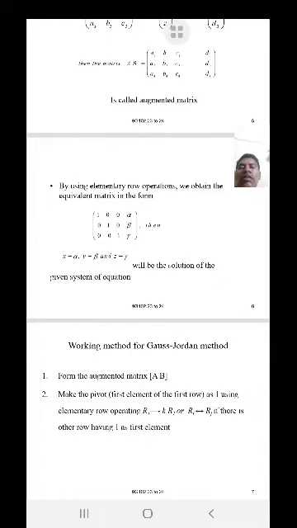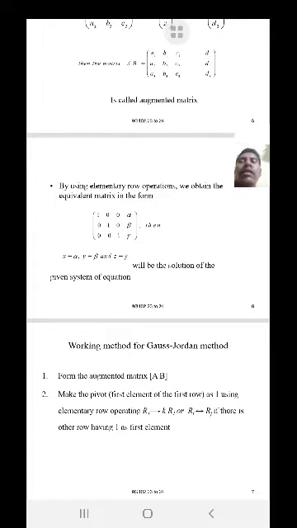In the second row, 0 1 0 means y is 1 and x and z are 0, that means we are removing x and z by solving. Here solving means we are applying row operations. Similarly the third row, 0 0 1, means x is 0, y is 0 and only z is there, so z equals the constant, that is gamma.